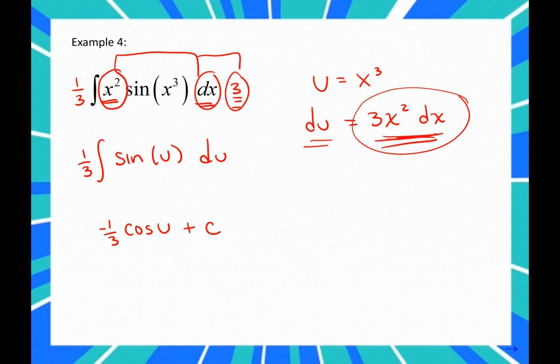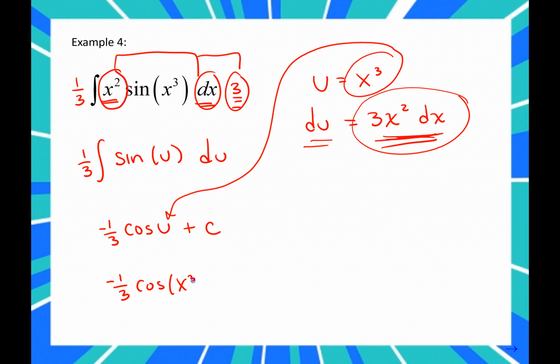All right, and remember, the derivative of cosine is negative, so that's why I need to have the negative here. And the last step is going to be to put in my x cubed for u. So I get negative 1/3 cosine of x cubed plus c.